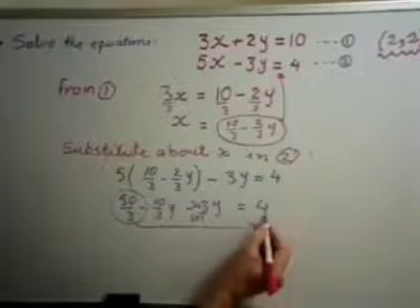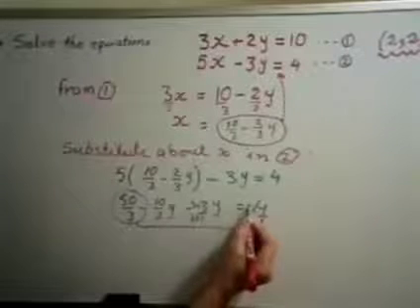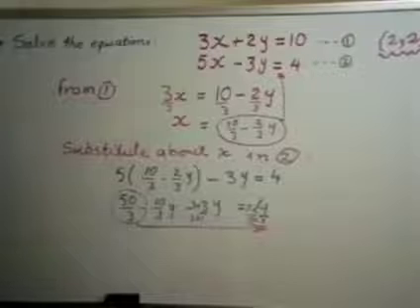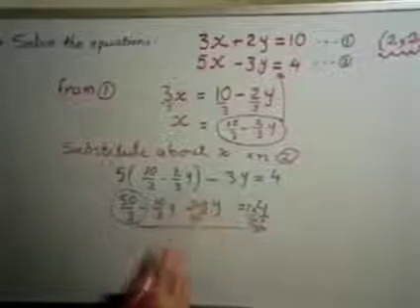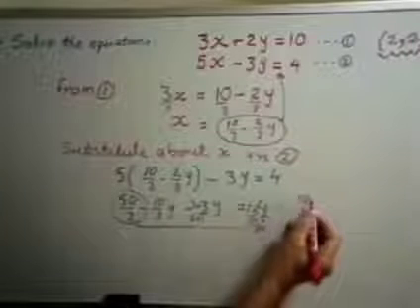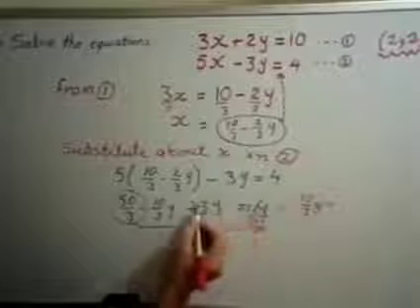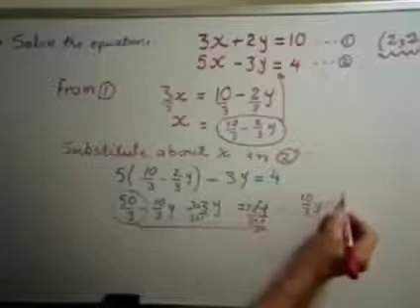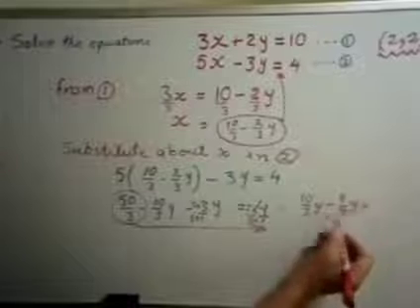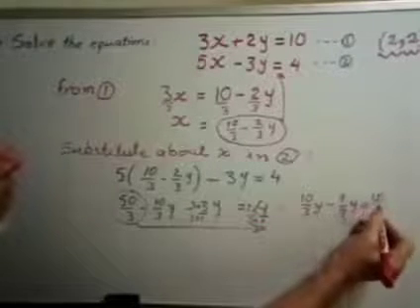Here the denominator is 1, also by multiplying by 3 here. So the new form will be 10 over 3y minus 9 over 3y is equal to, here 12 over 3, which is 4.